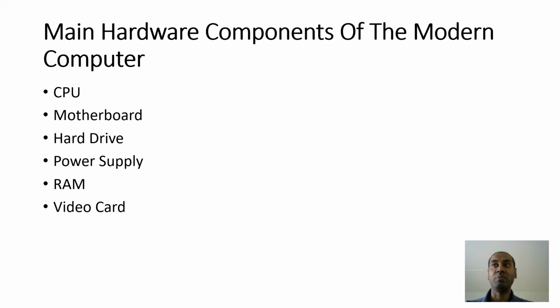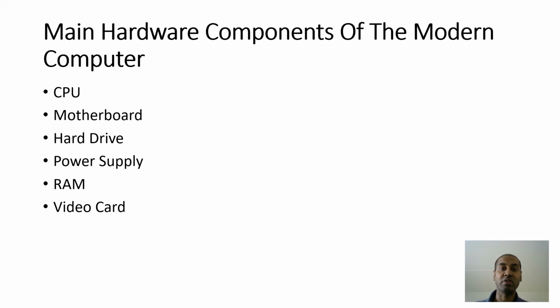What is the CPU? Well, the CPU is basically the brains of the computer. So like we have a brain, the computer has a brain. And just like our brain, what the CPU does is follow instructions and perform computations. What it does not have is long-term memory.